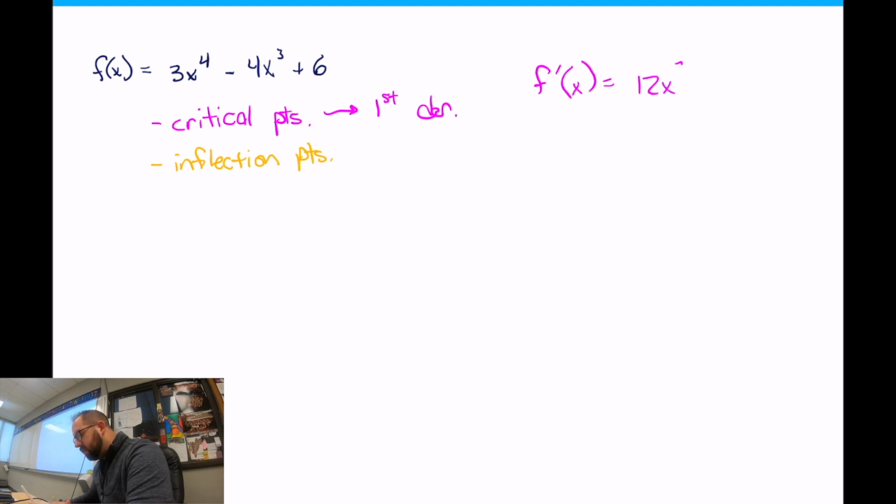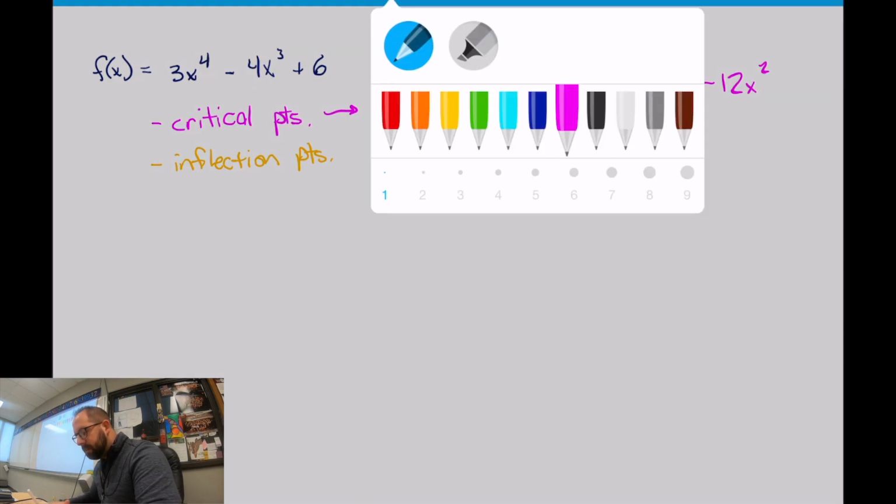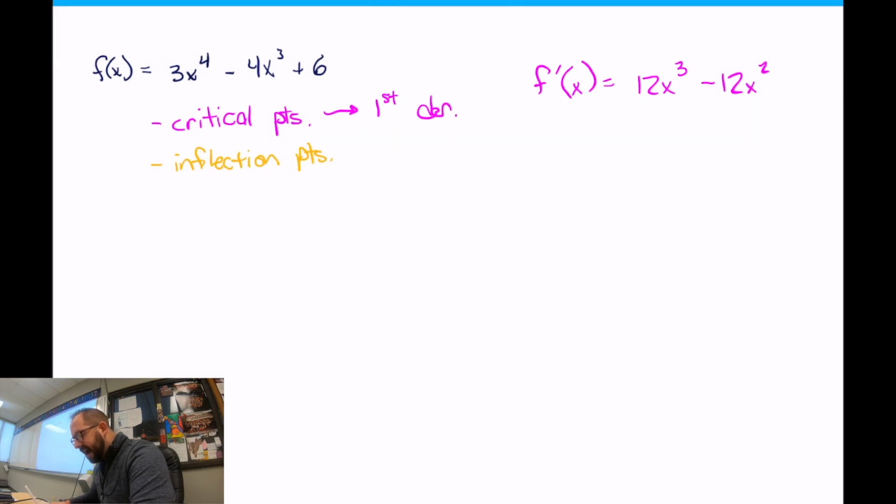Good. Now, if we're going to figure out what the actual critical points are, you have to factor this thing apart. That's the part that some people forget. You do need to know how to factor this correctly so that we can list off what my potentials are. So on this one, I'm going to pull out the 12 and an x squared because those are the common factors.